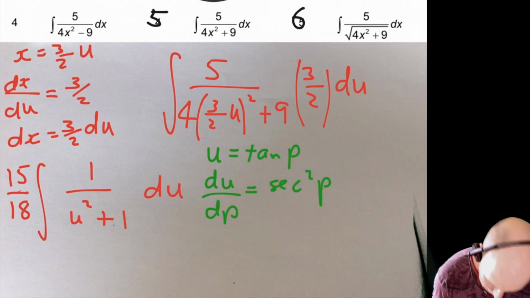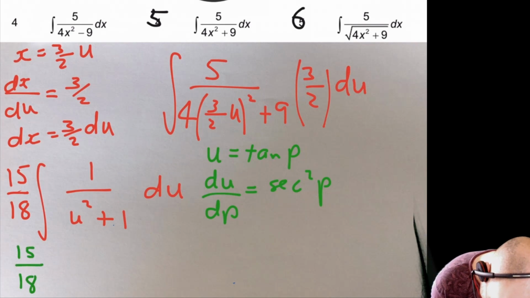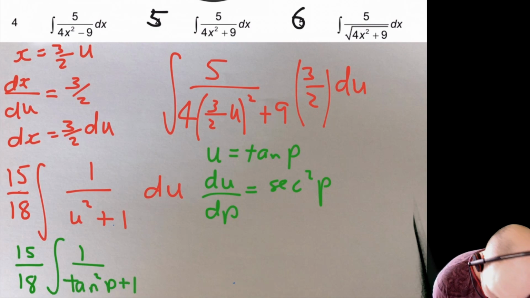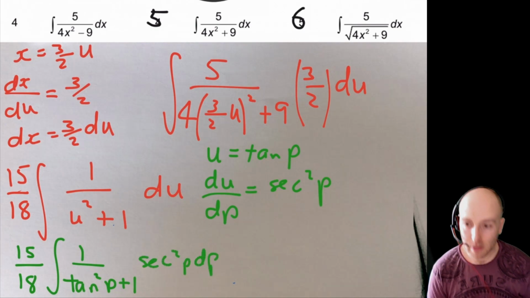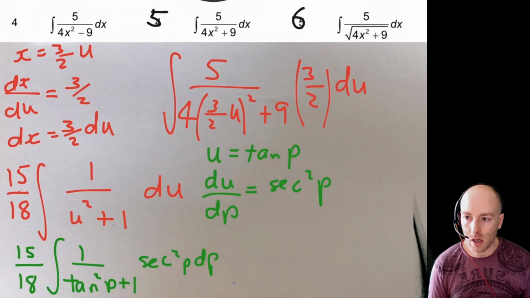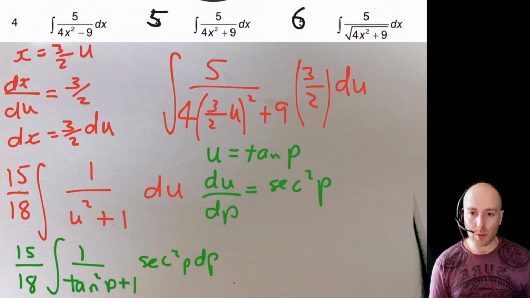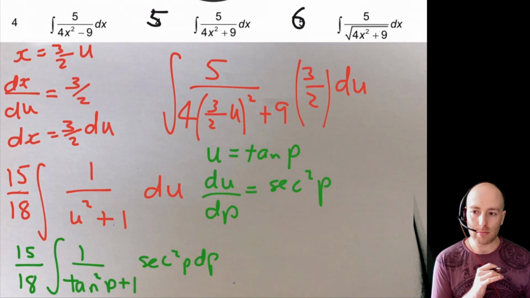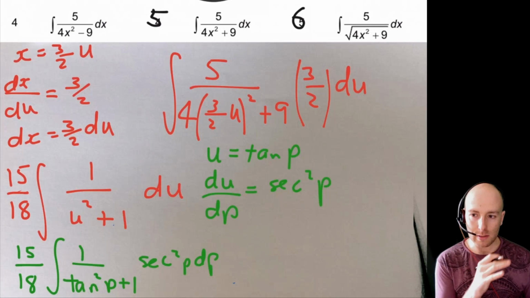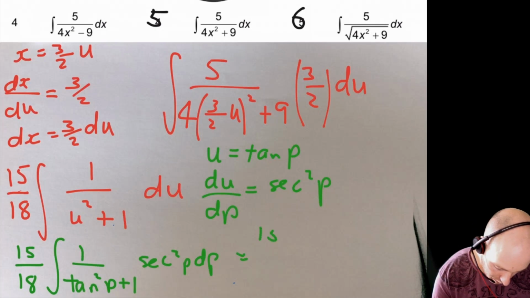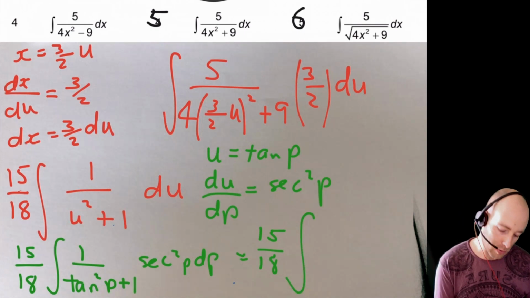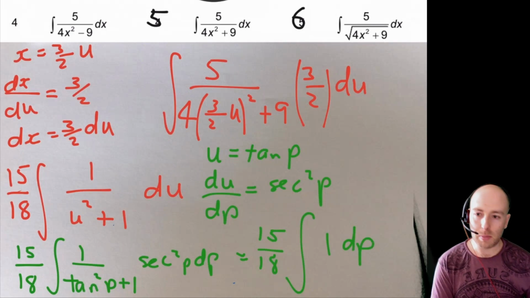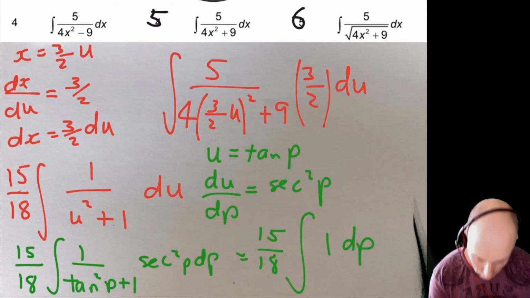So we're going to get 15 over 18, 1 over tan squared p plus 1, and then du is sec squared p dp. Okay, running out of space here, but that's all right. So tan squared plus 1 is sec squared. That's an identity. 1 plus tan squared is sec squared. So this integral will become 15 over 18 integral of sec squared divided by sec squared, which is the integral of 1 dp.